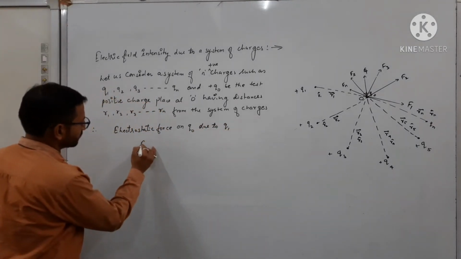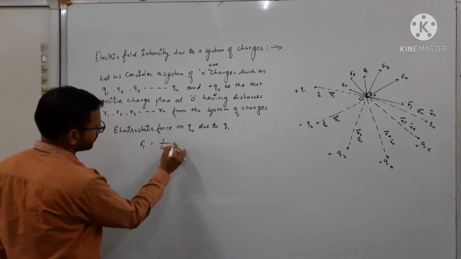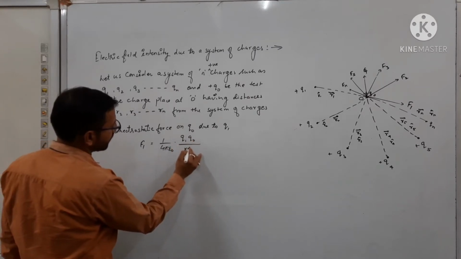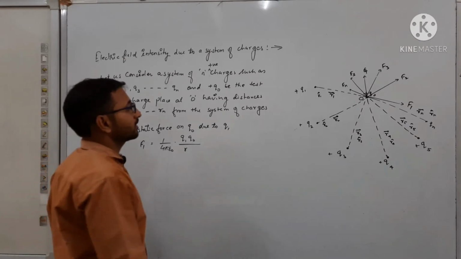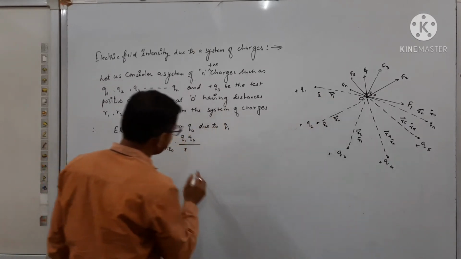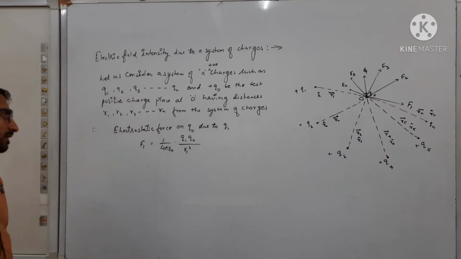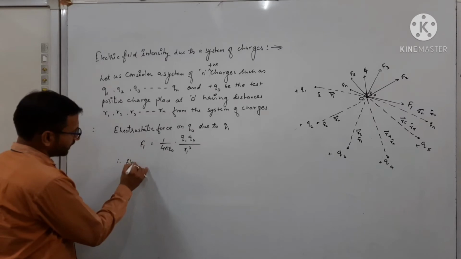So the force will be F1, which is equal to 1 over 4 pi epsilon naught Q1 Q naught by R, what will it be, 1 square or 2 square, so it will be R1 square. Got it, student?